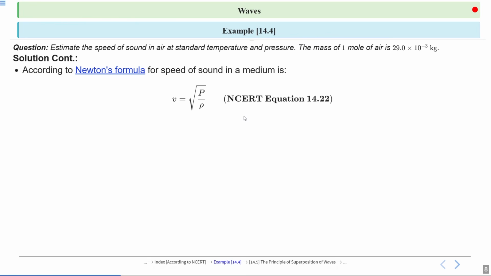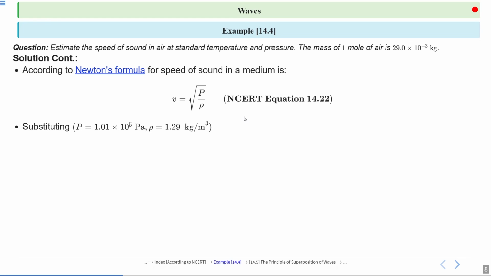The formula is V equals the square root of P divided by rho, where V is the speed of sound, P is the pressure of the medium in pascals, alright, and rho is the density in kilograms per cubic meter. This equation tells us that the speed of sound depends on both the pressure and the density of the medium.